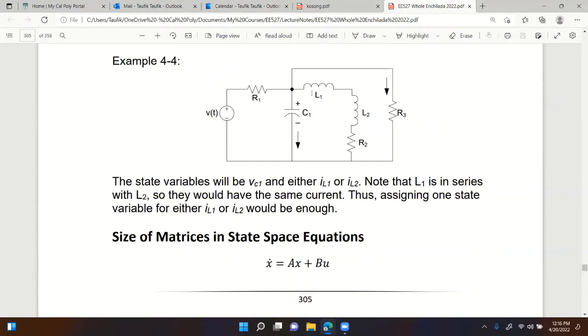So therefore, they're linearly dependent. And in that case, I don't need to assign two separate state variables for L1 and L2. I could just pick one, either IL1 or IL2. Okay. So far, so good. All right.